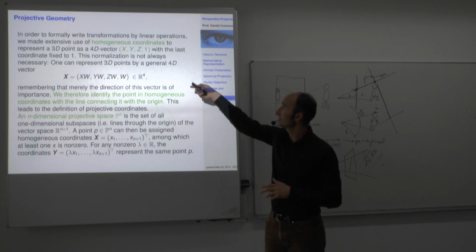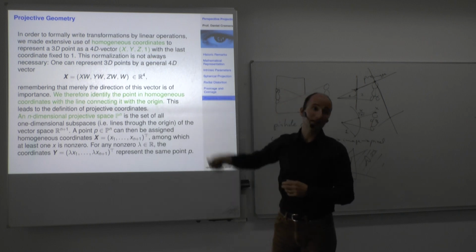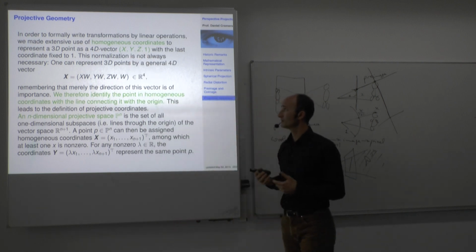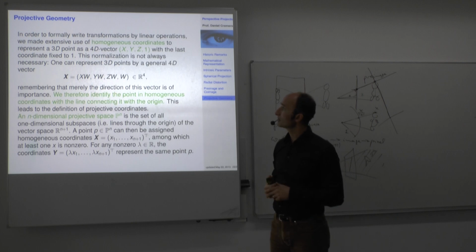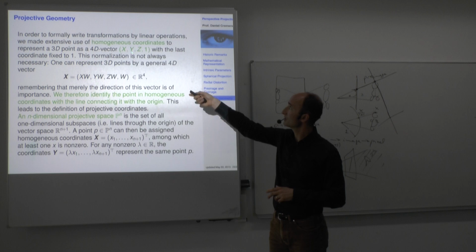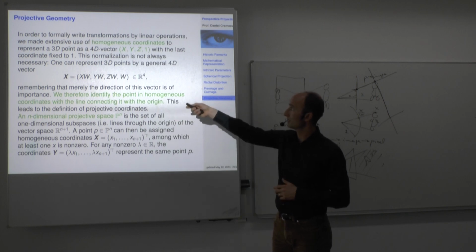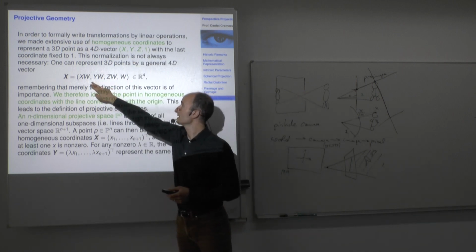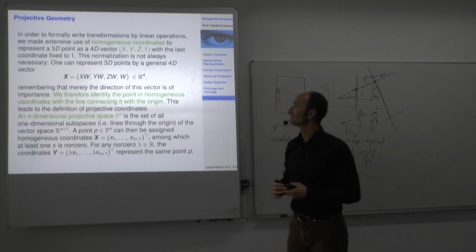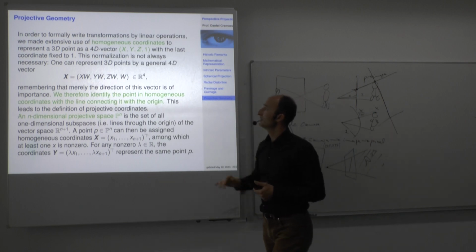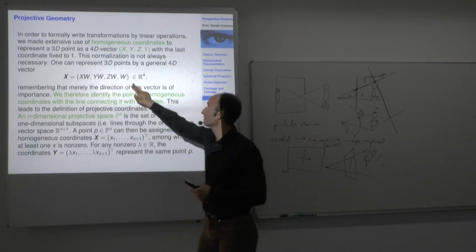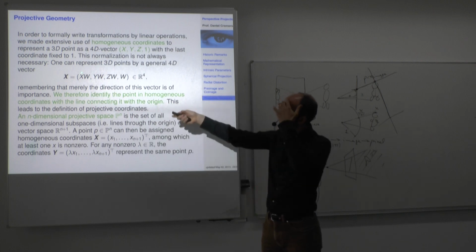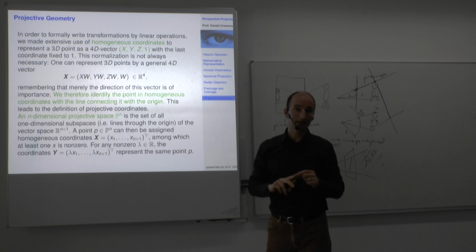So to treat this representation mathematically is not as nice as having four independent degrees of freedom. And so what can be done is you can represent 3D points by an arbitrary vector in R4, where you take this vector and, let's say, scale it by a factor W. And then you can represent 3D points by 4 coordinates in R4, but you keep in mind that what matters about this 4D vector is only its direction.